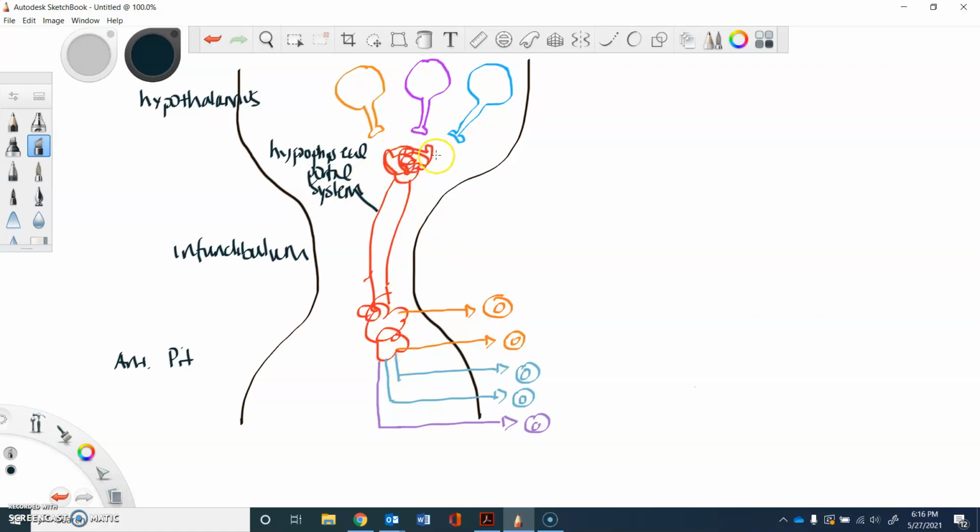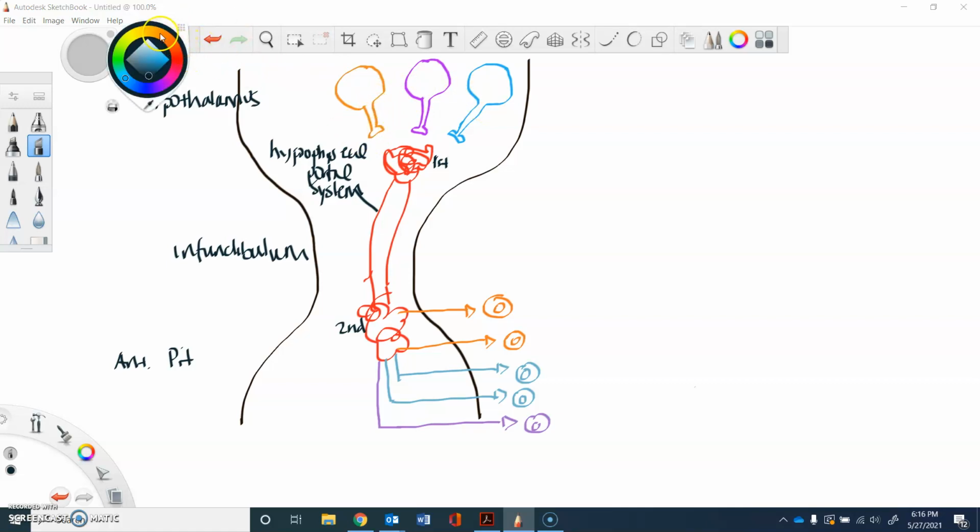This is the first capillary bed. This is the second capillary bed that are connected. And this capillary bed, the first one, is the one that is going to receive releasing hormones from these nuclei up here. So these nuclei make releasing hormones.